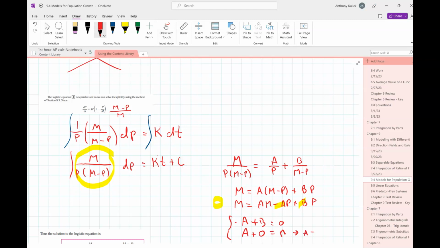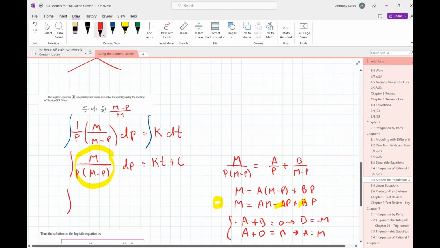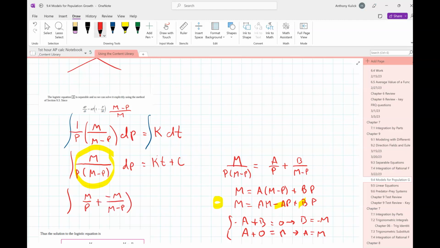So that tells me immediately that a is m, and b must be negative m. So we're going to integrate m over p plus negative m over m minus p dp.